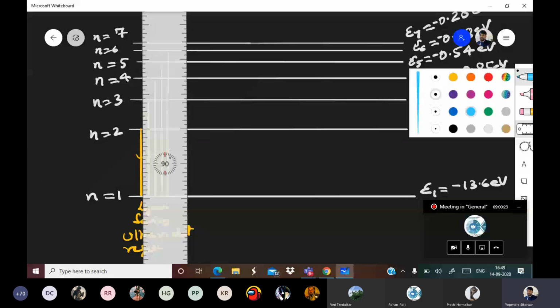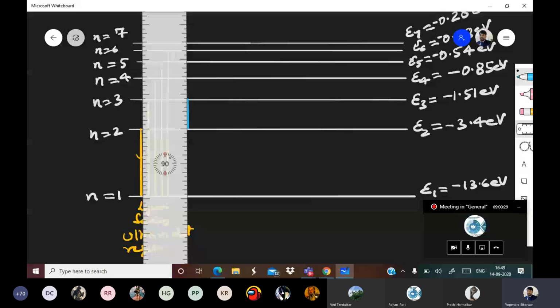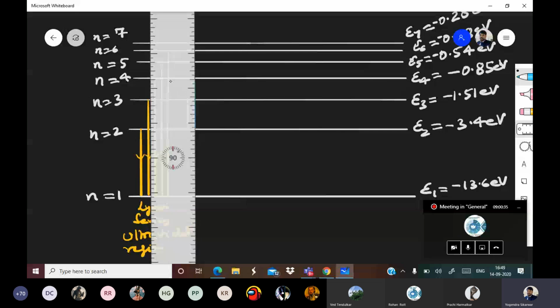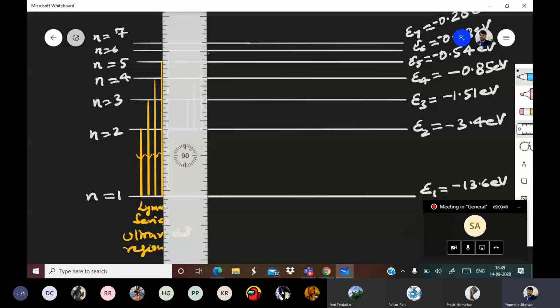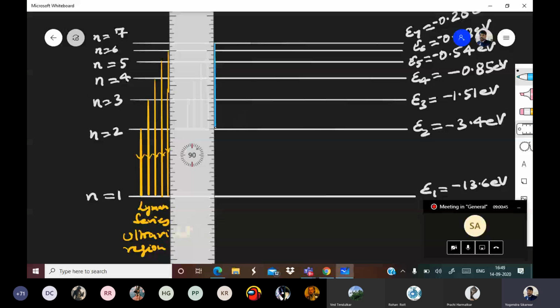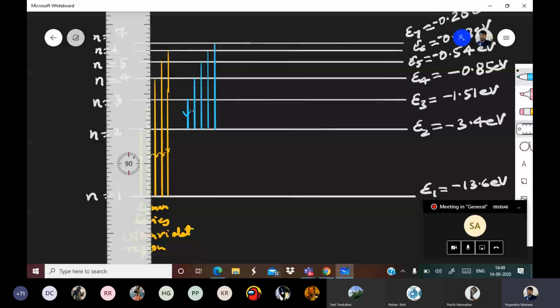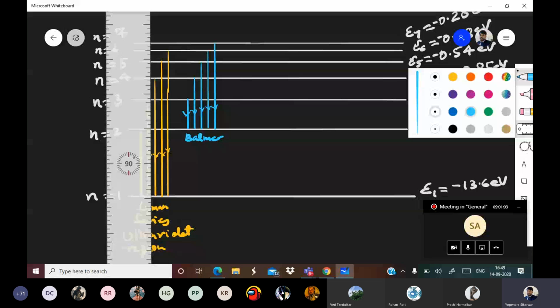Okay, that's fine. Now pay attention. When an electron transits from n is equal to 3, 4, 5, 6, 7 to n is equal to 2, then the released photon is said to be in the Balmer series.